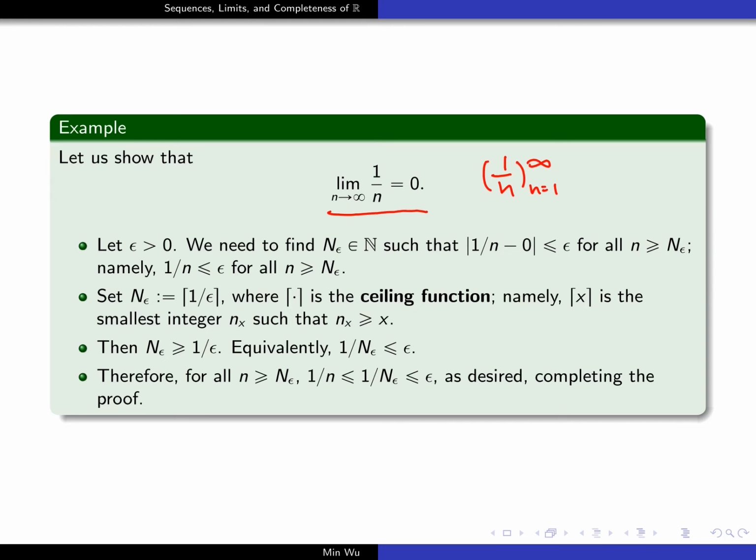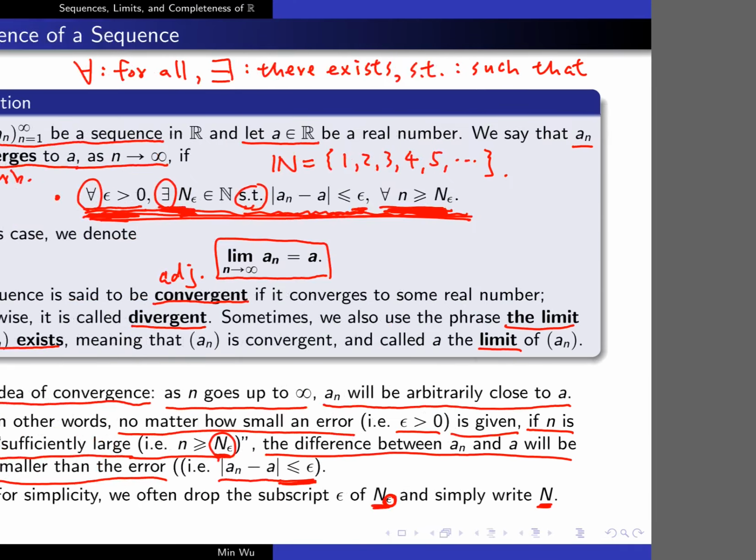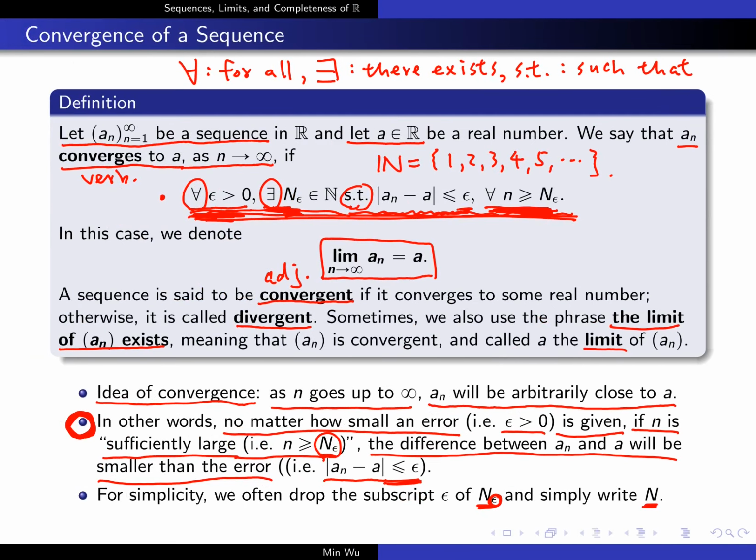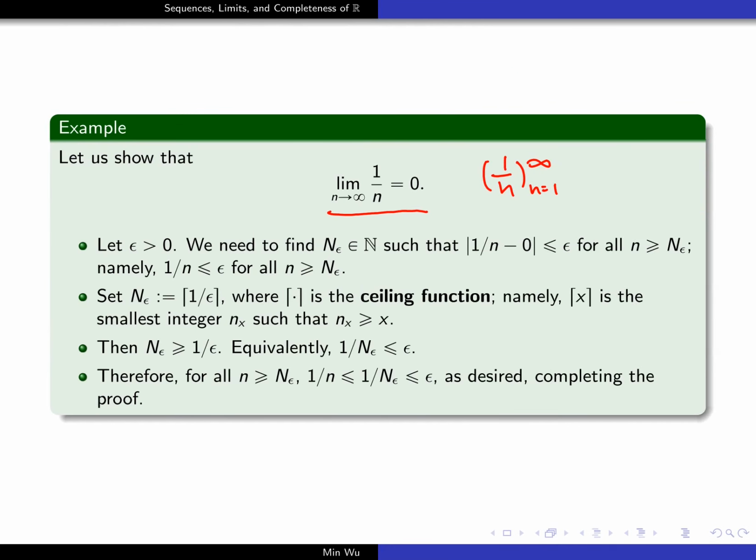Alright, so actually we have to follow the logical statement here. Because this is on the previous slide, I will rewrite it here.